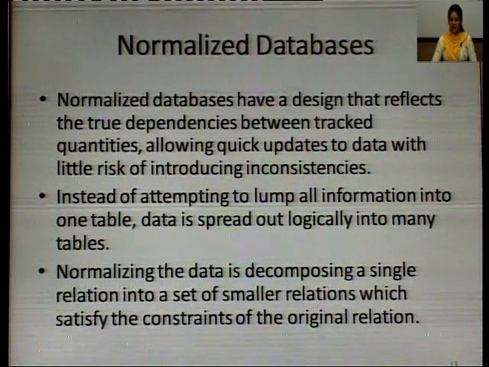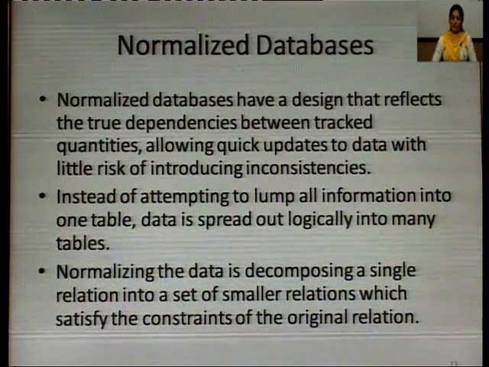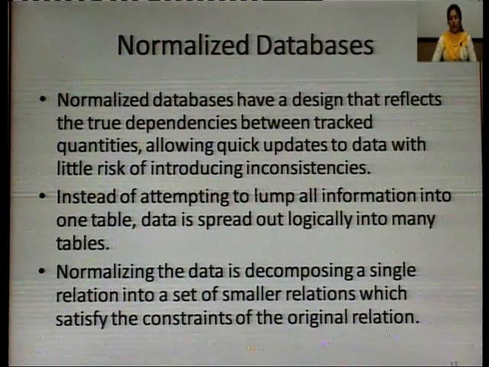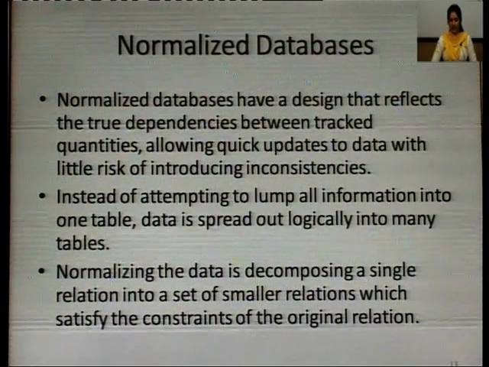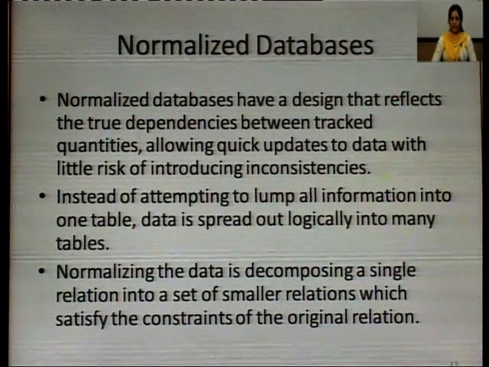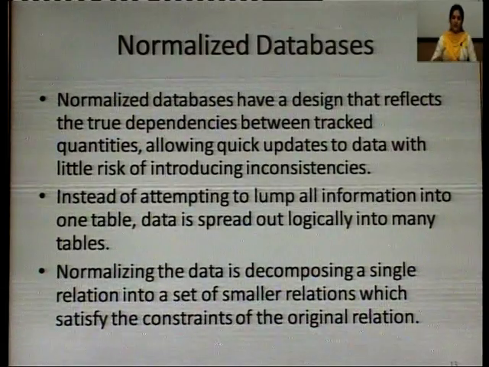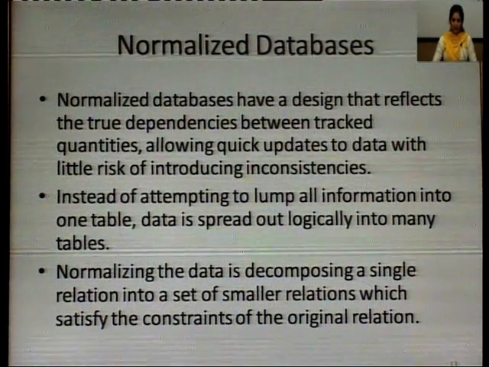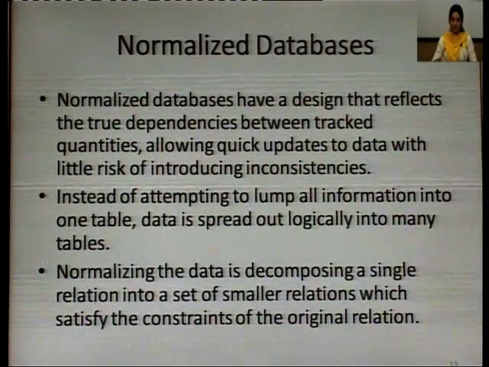What are the constraints? Basically, constraints are some sort of rules and regulations which are defined by the original relation. All those constraints will be implemented in all the tables which are further derived from the original relation, which will be the base relation.